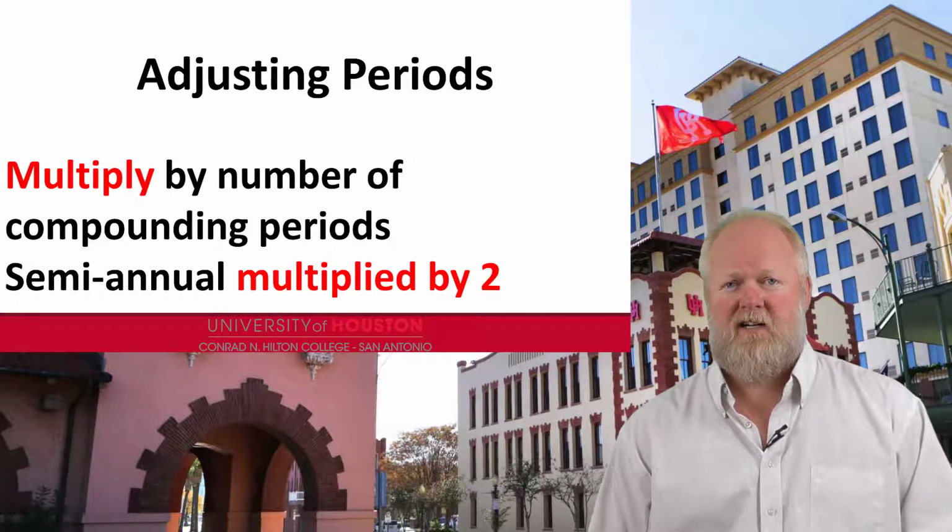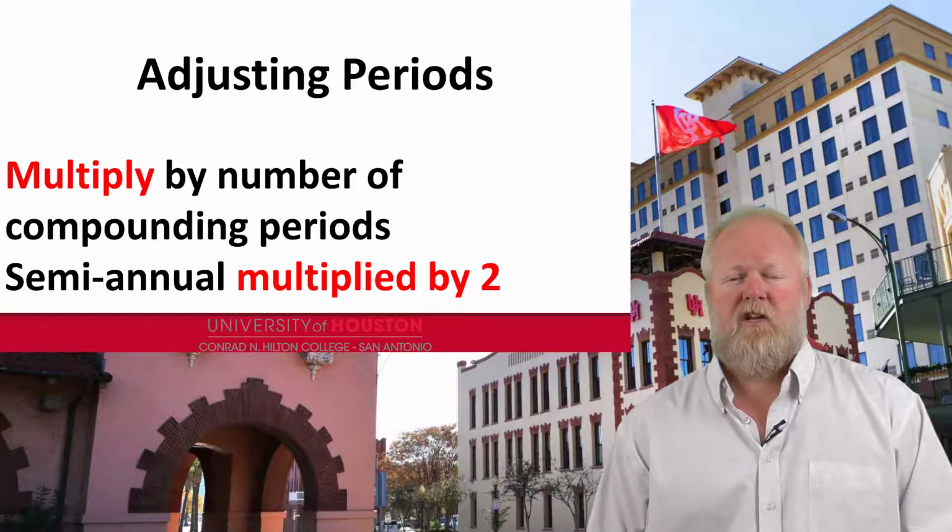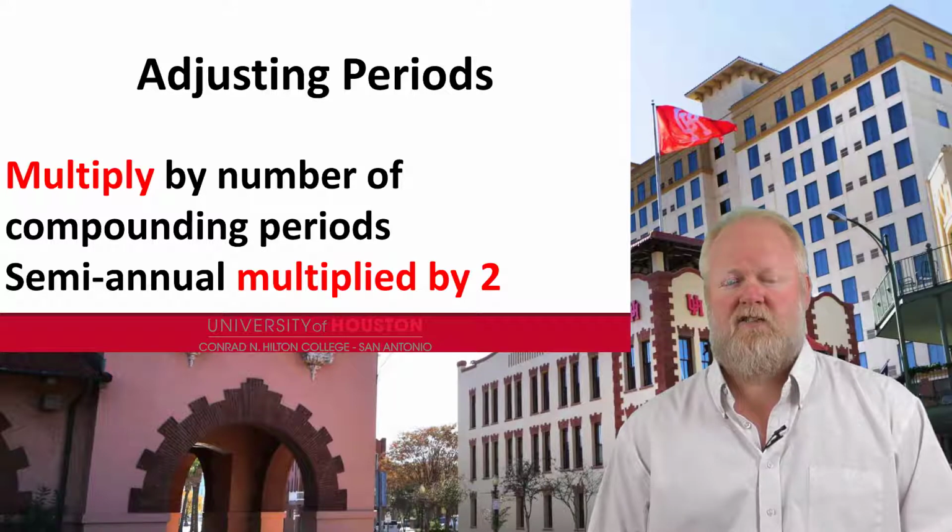If I had 10% interest that was compounding every 6 months, that would be 5% interest per period. I would also have to increase then the number of periods. In order to adjust the periods, you multiply that number by the number of compounding periods. So 10% annual interest can be changed to 5% interest compounding twice if it's every 6 months.